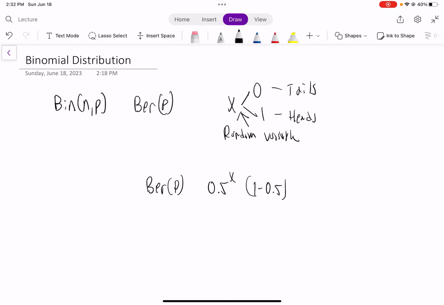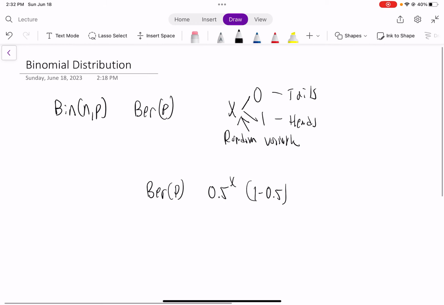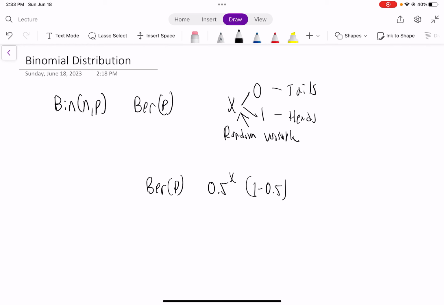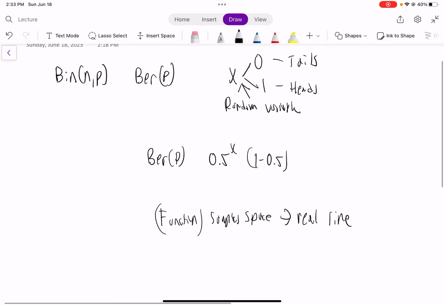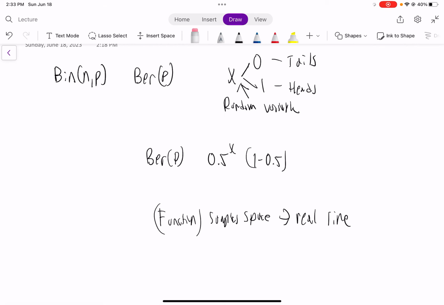A quick side note for random variables: it is a function from the sample space to, I would say, the real line. In our case, it's discrete, so it's 0 and 1, but it's a function, a mapping from heads equals 1, tails equals 0. That's the random variable we're talking about.